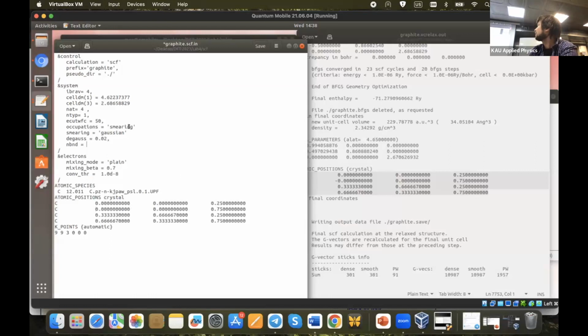And what else do we have? We have NBND, number of bands. How do you think, how much should we type here? I want to calculate the band structure of graphite. We have 4 carbon atoms. Each carbon atom has 4 valence electrons. 16, yeah.